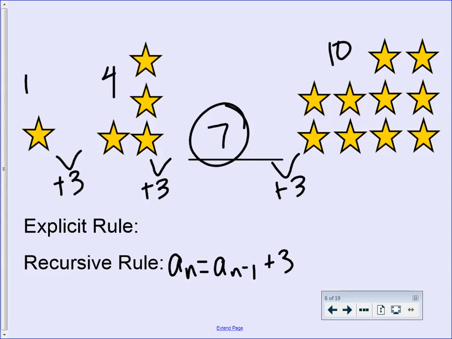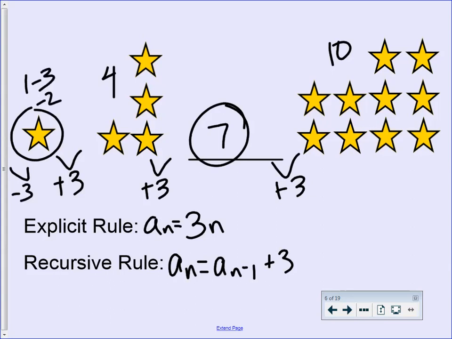Then my explicit rule would be my pattern, n, and let's see here. I'm at my first term, so I need to go backwards 3 from 1. So 1 minus 3 is negative 2. In order to get to that 0 term, I have to subtract 3, and that gave me negative 2.